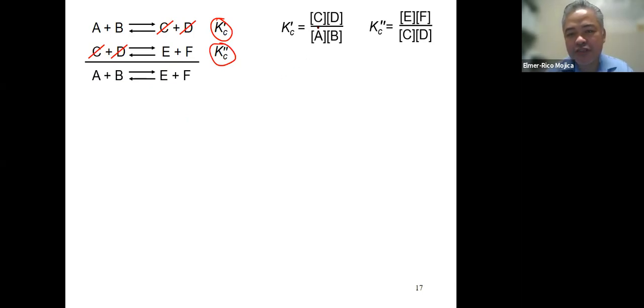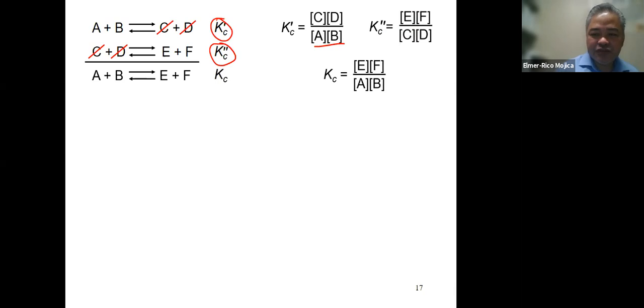If we look at the expression for K prime C, we have C times D over A times B. For K double prime C, you have E times F over C times D. For the new Kc, we just multiply these two.